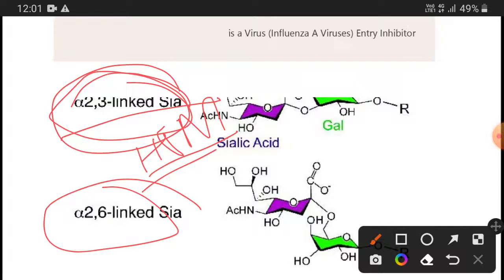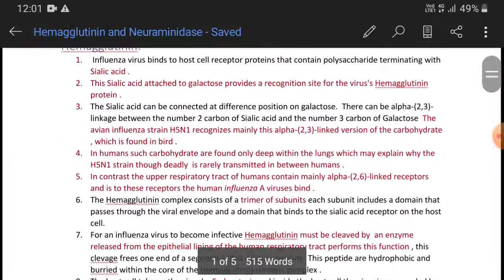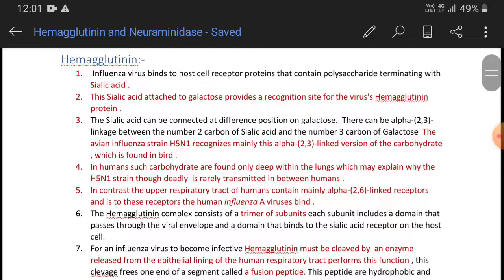Instead, the upper respiratory tract contains alpha 2,6 linked receptors, and that is mostly recognized by our influenza A viruses. That is why humans are mostly susceptible to influenza A viruses. Now, after that recognition, the virus enters inside the cell via receptor mediated endocytosis.